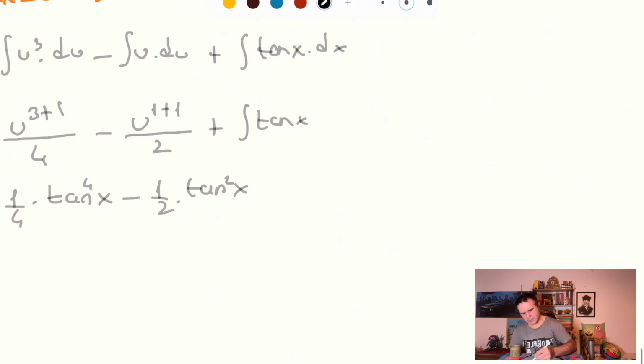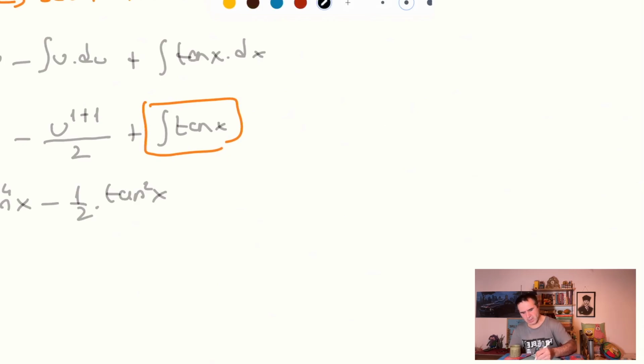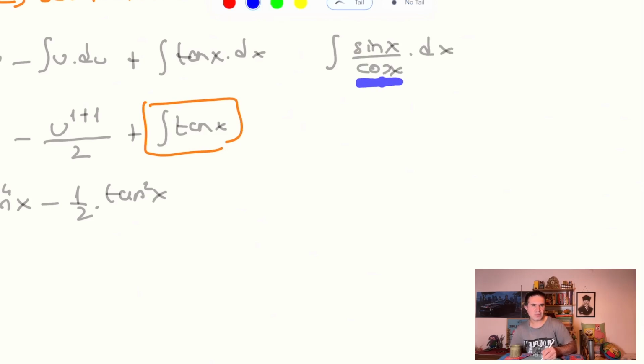And let's take the integral of tangent x. To integrate tangent x, I will write it as sine x over cosine x times dx. You know that the derivative of cosine x is minus sine x. Since sine x times dx is here, I will use substitution again.